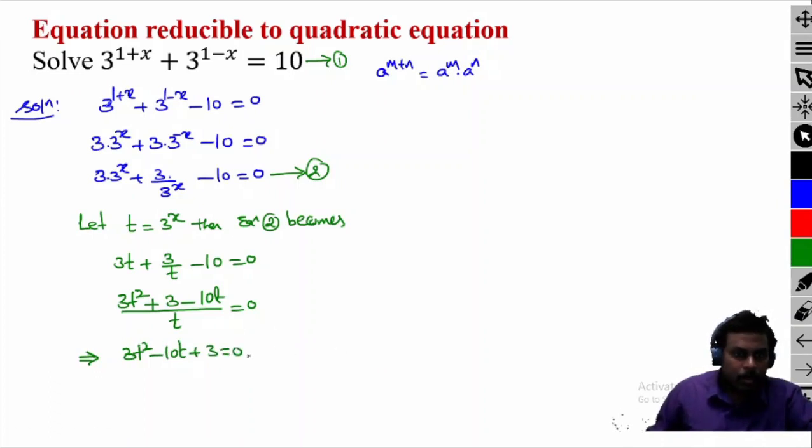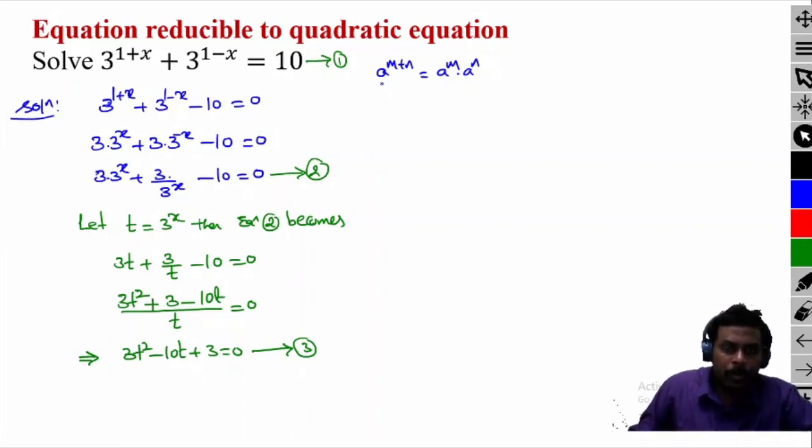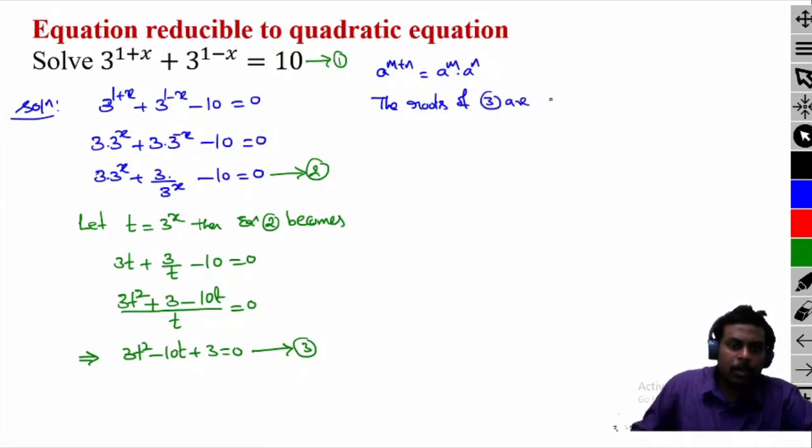Now we have got this equation in the equation 3. Now let us solve this equation. The roots of equation 3 are minus of minus 10 plus or minus square root of b square minus 4ac.